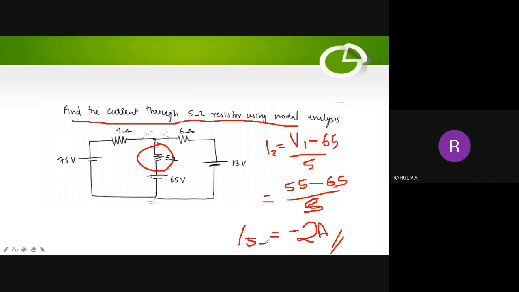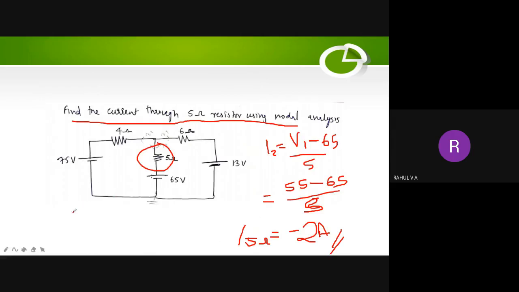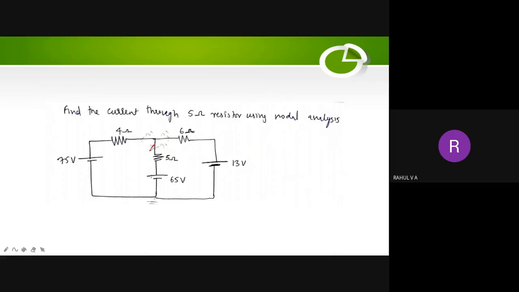What is the meaning of that minus? That means whatever we have assumed is wrong. The current actually flows in the opposite direction for that particular node. Okay, so for that particular node, our assumption is wrong.